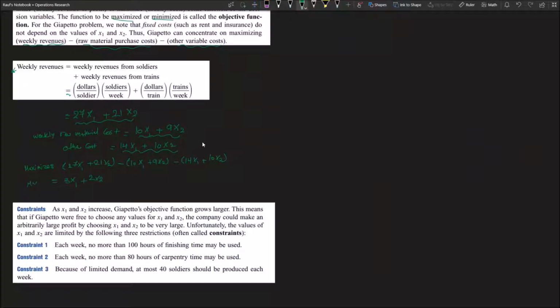So your ultimate goal in this problem is to maximize 3x1 plus 2x2. Usually we represent that as max the variable z, which equals 3x1 plus 2x2.